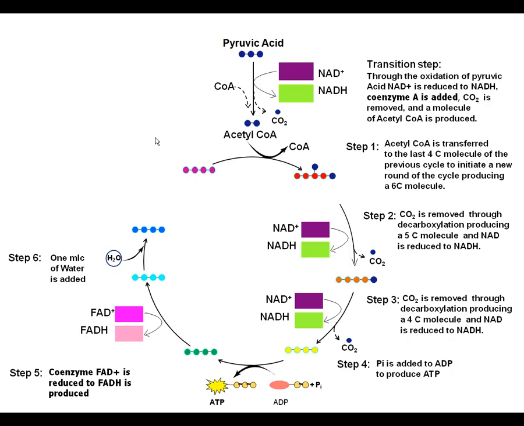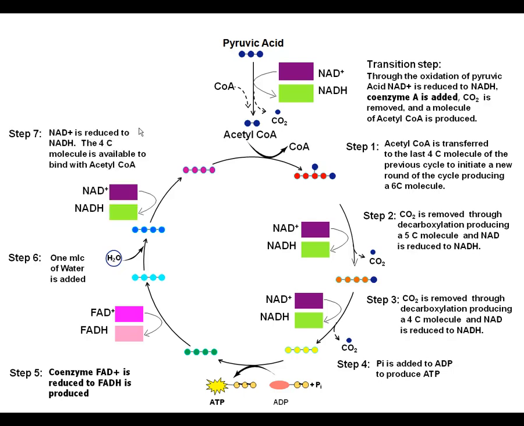Now we can go through a higher oxidation reduction reaction, and we're going to take our last 4-carbon molecule, we're going to oxidize it and reduce NAD to NADH again, and we are back at the beginning of our cycle with the last 4-carbon molecule, and it'll be ready to go in and bind with acetyl-CoA and start the process all over again.